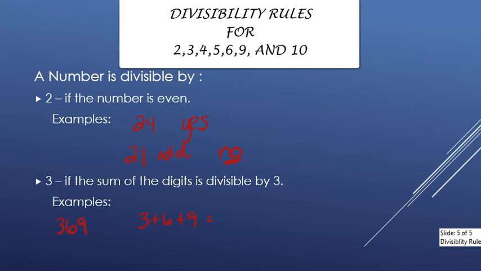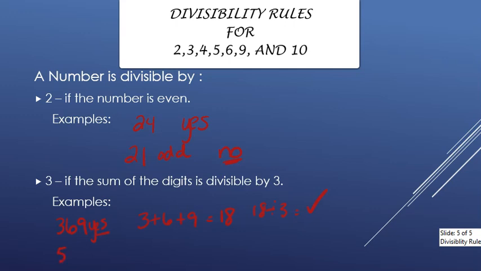When you add those up, you get 18. Will 18 be divided by 3 evenly? Yes, it does. So, is 369 divisible by 3? Yes, it is. It's a very short method to help you do that very quickly.